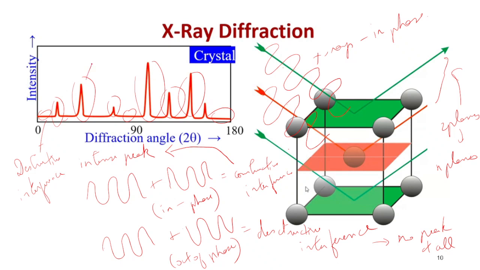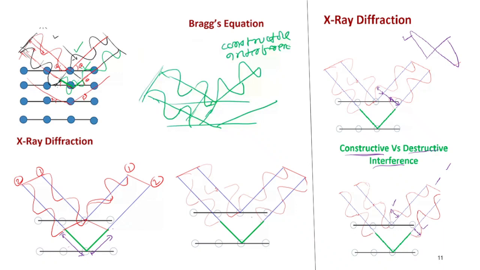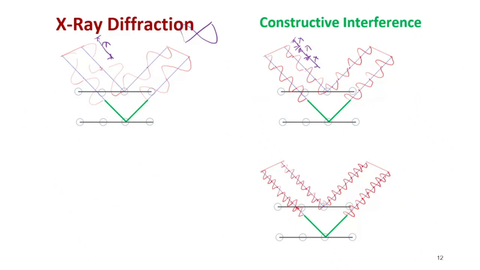Okay, this is constructive interference. Here again I have written in detail. So it is constructive and destructive interference. We just saw it in the previous slide.